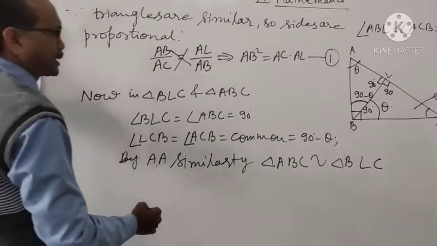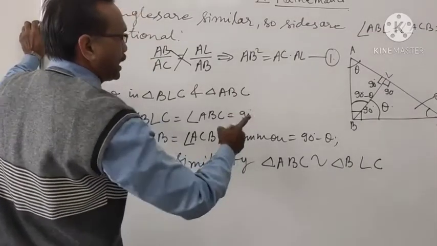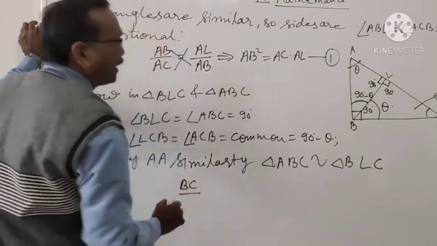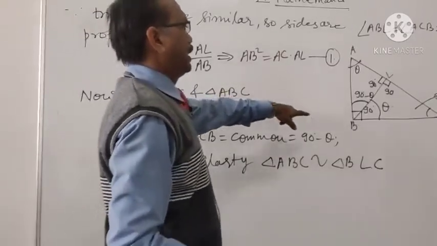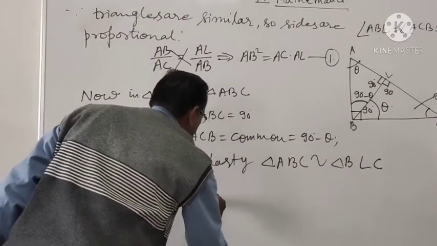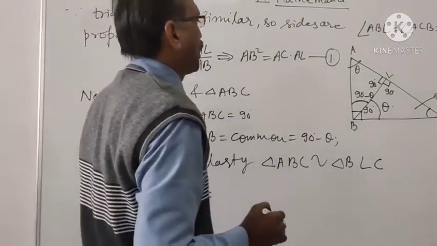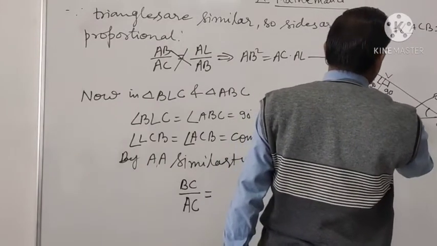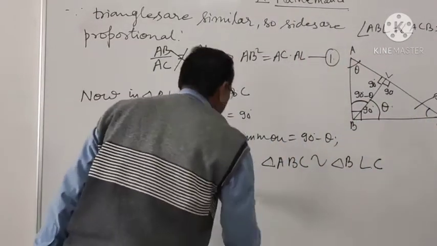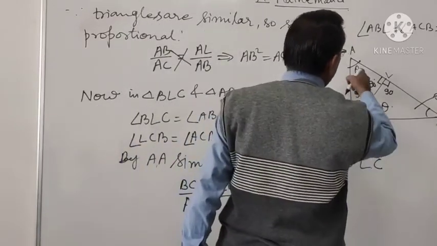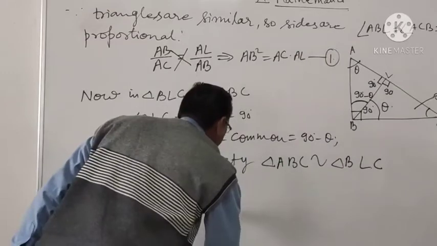Let us take the side opposite to the angle 90, which is BC, and here it is AC, equal to the side opposite to the angle theta, which is LC, and here opposite to the angle A, it is BC.